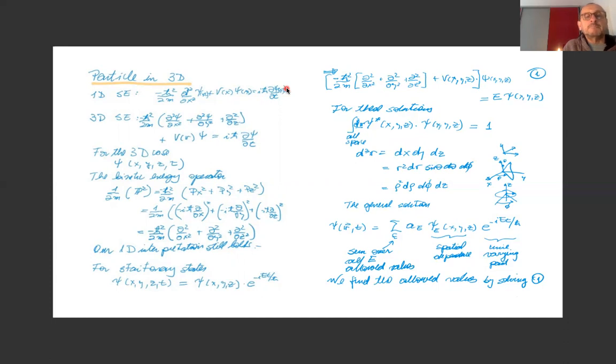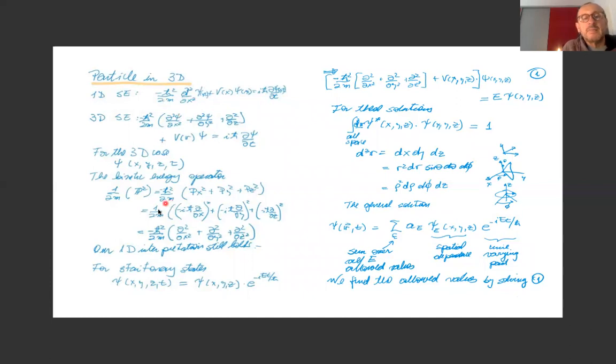It's very easy. The only thing you have to do is recognize that this thing here is equal to p squared over 2m, essentially. So the kinetic energy operator should be p squared over 2m. If I only have 1 dimension, py and pz do not exist, and I get exactly this equation.